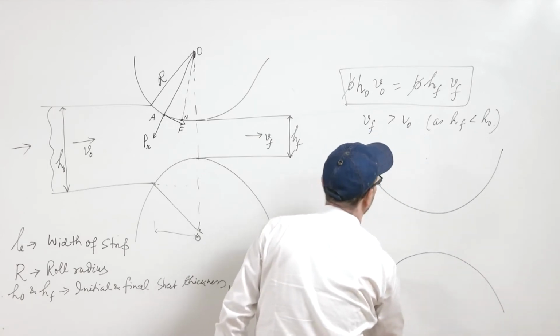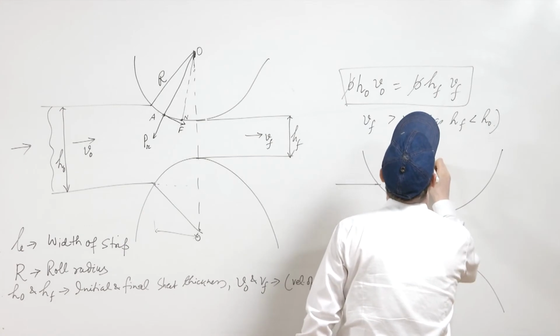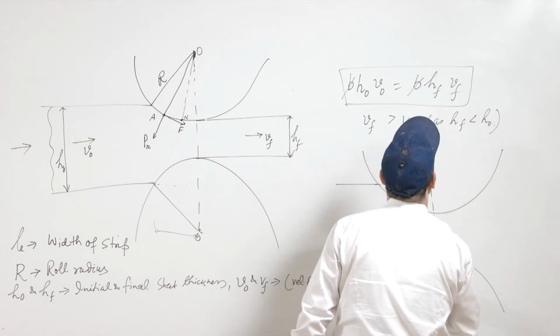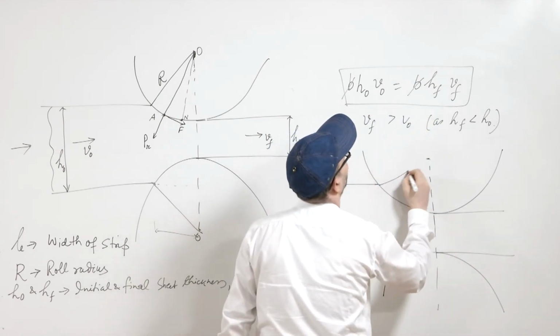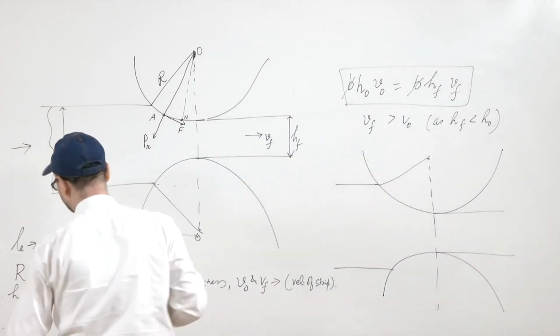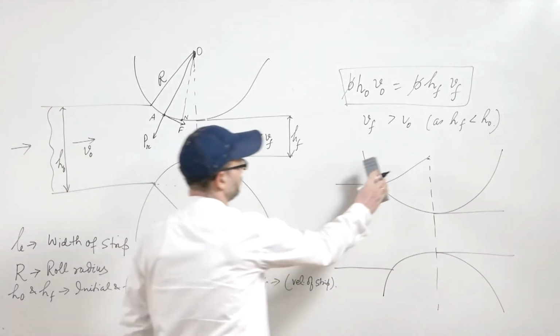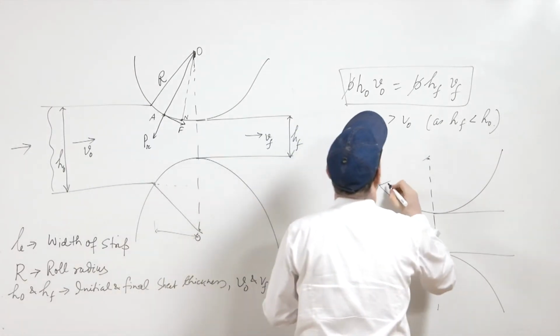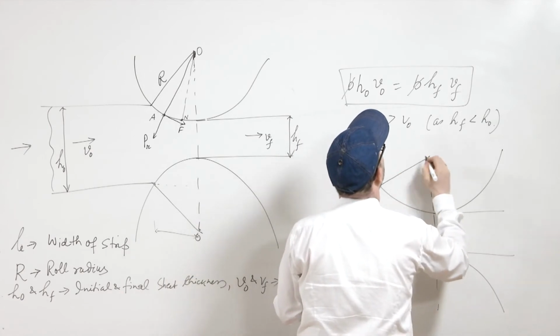Suppose this is the strip and it is going from here, and this is the final sheet. Here you have the radius r.